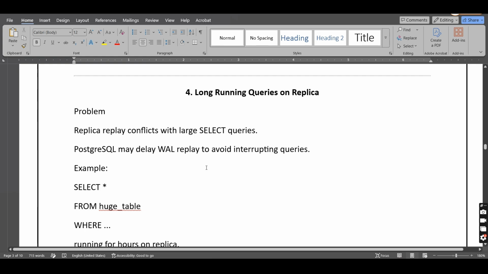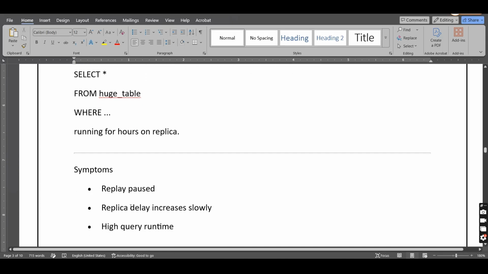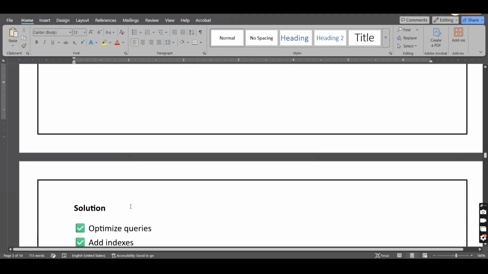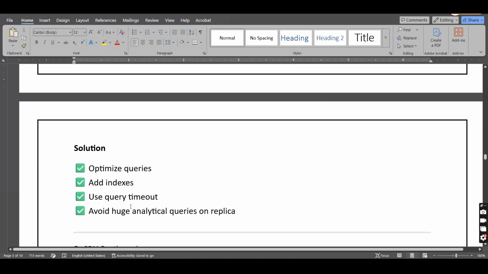So PostgreSQL may delay WAL replay to avoid interrupting queries. To solve this problem, we have the following solutions: optimize queries and indexes, use query timeouts, and avoid huge analytical queries on the replica. So these are the possible solutions for this problem.